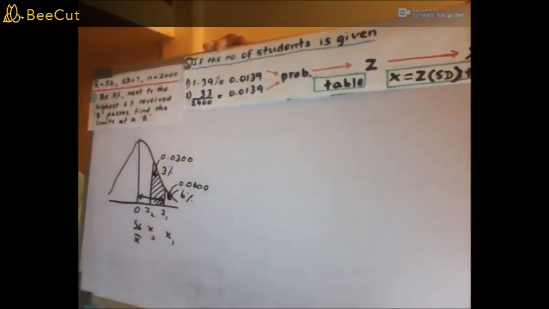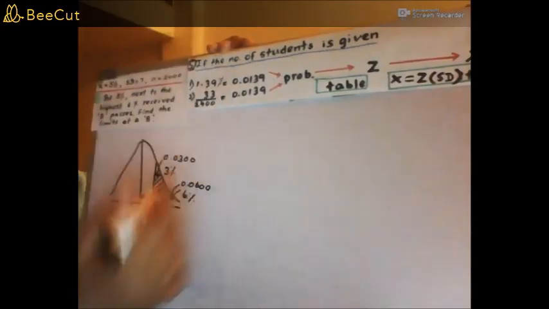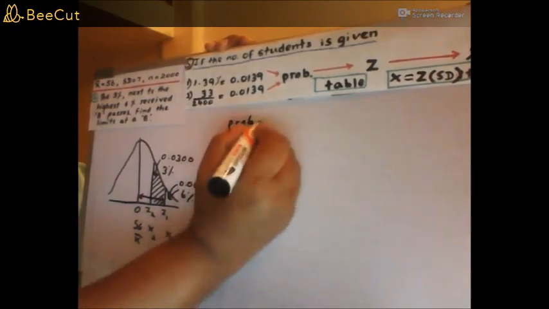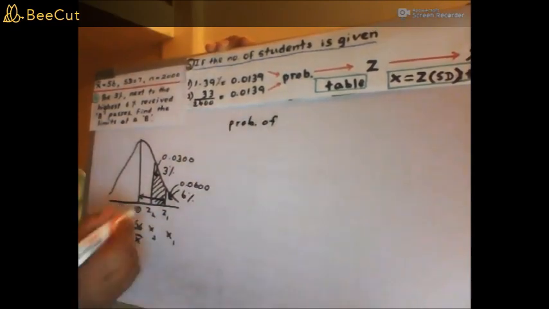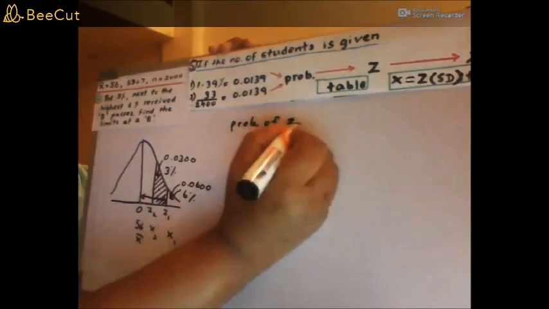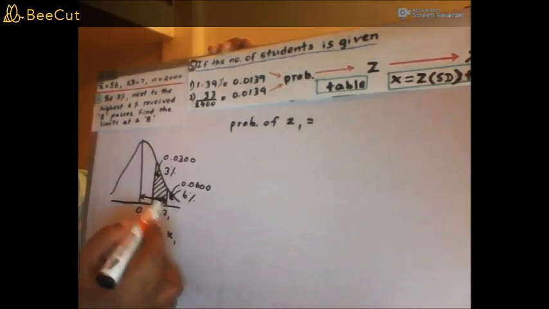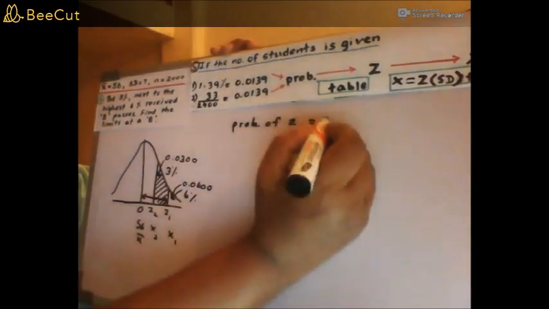Right. Now we'll have to find Z. First we'll write the probability. Probability of Z1. We know only this side, 0.06. We have to find the probability. So what do you have to do?